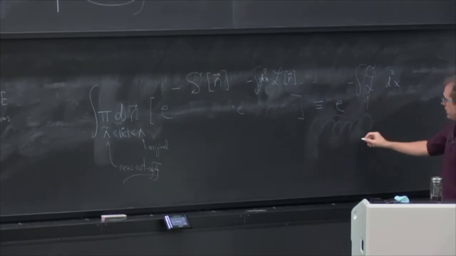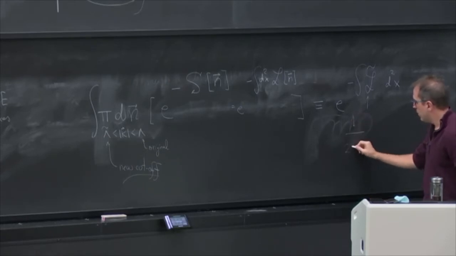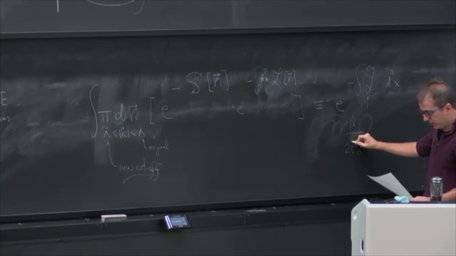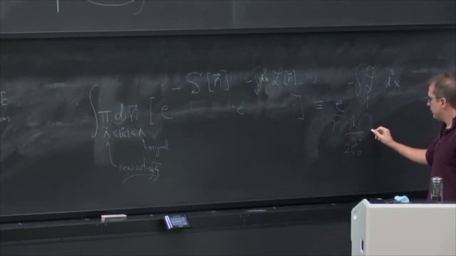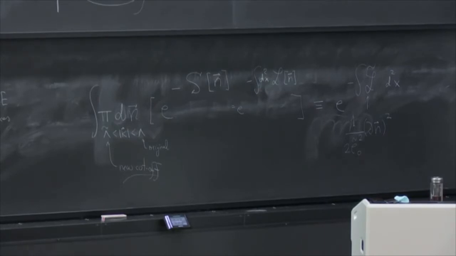Just by symmetry, it will be similar to the original one. It will be something like 1 over 2 e0 tilde squared times (dn) squared. That's the simplest thing it could be, right? If lambda tilde is equal to lambda, it is just this. And then, what else could I generate?